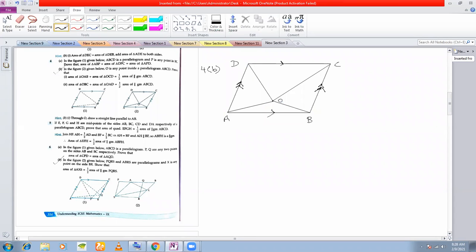Let us now read the question. The question is, in the figure given below, O is a point inside a parallelogram ABCD. So O here, if you see, is any point inside the parallelogram ABCD.